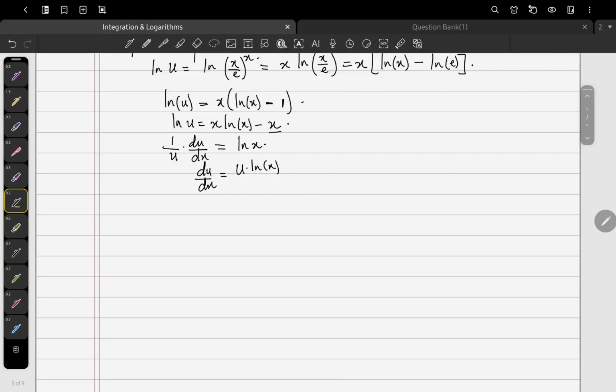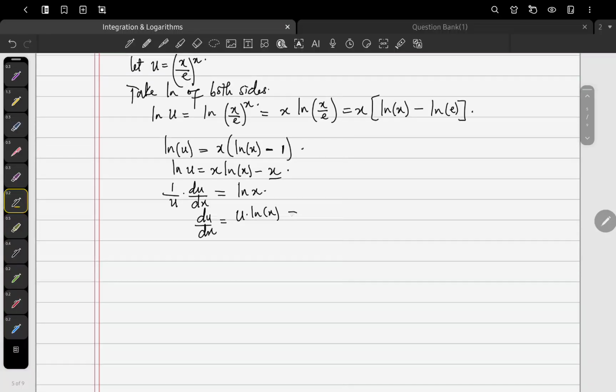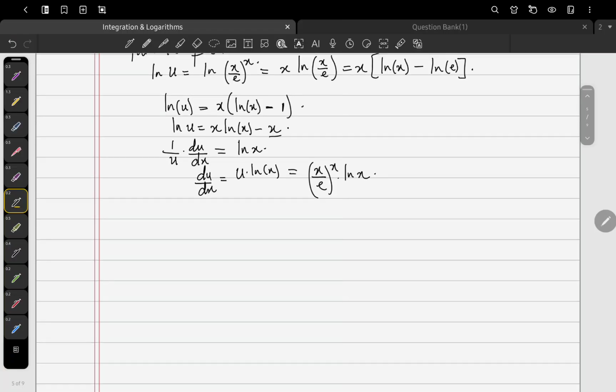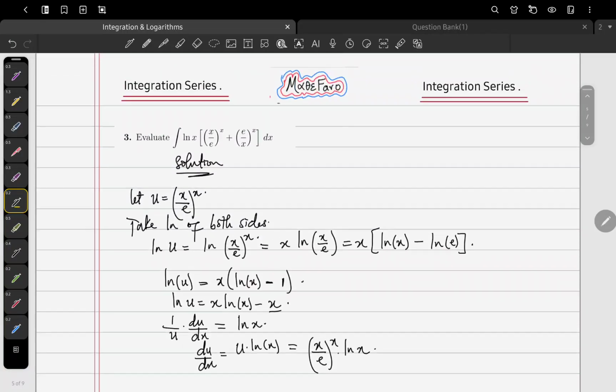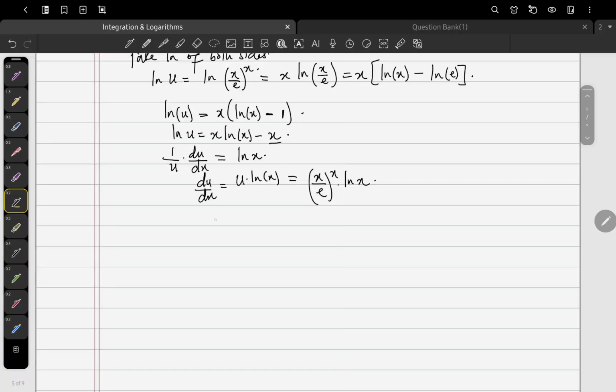But again, what was our u? Our u was (x over e) to the power of x. So this is (x over e) to the power of x times natural log of x. Beautiful. What does that mean? It means that we can now rewrite our expression, or we can say dx is equal to du over this expression, which is (x over e) to the power of x times natural log of x.